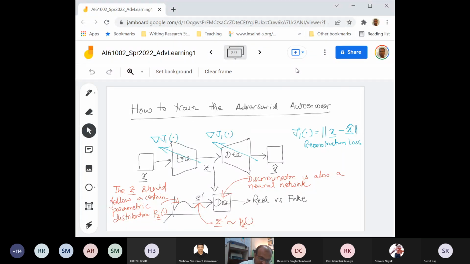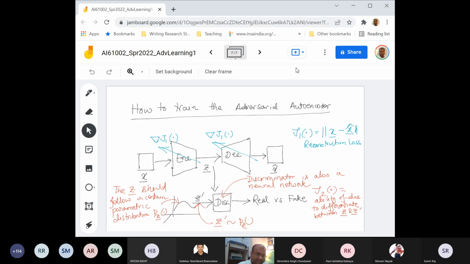So you have another loss, J2, which is the ability of the discriminator to differentiate between Z and Z prime.